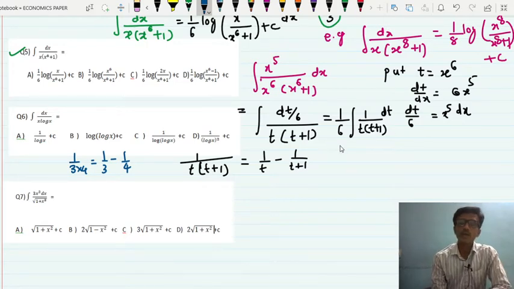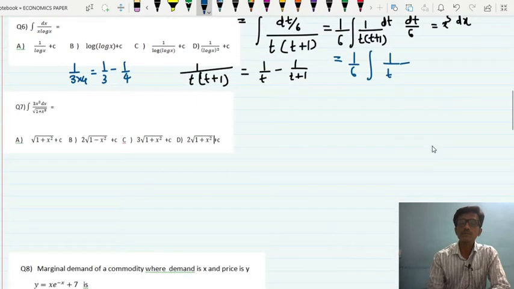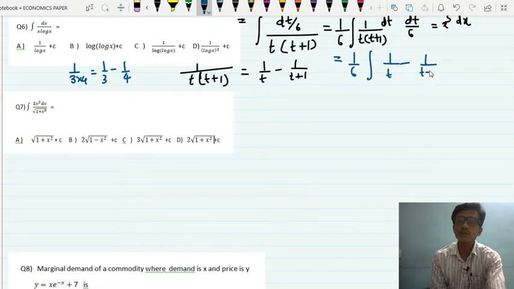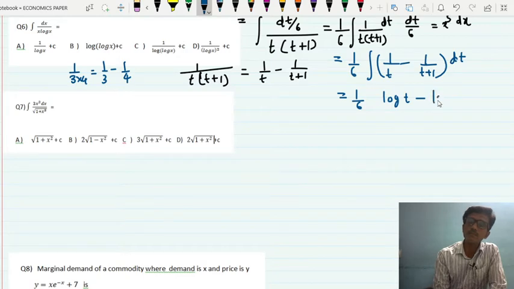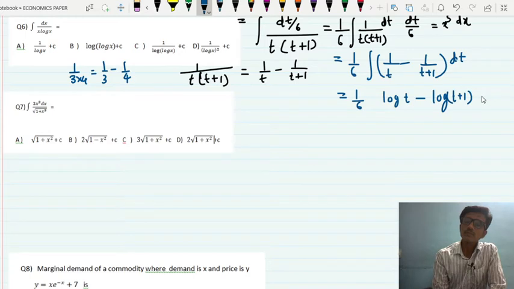Here you will solve further: 1 upon 6 as is, integration of 1 by t minus 1 upon t plus 1 dt. Integration of dt upon t is log t, so 1 by 6 into log t minus integration of dt upon t plus 1 is log of t plus 1 plus c.